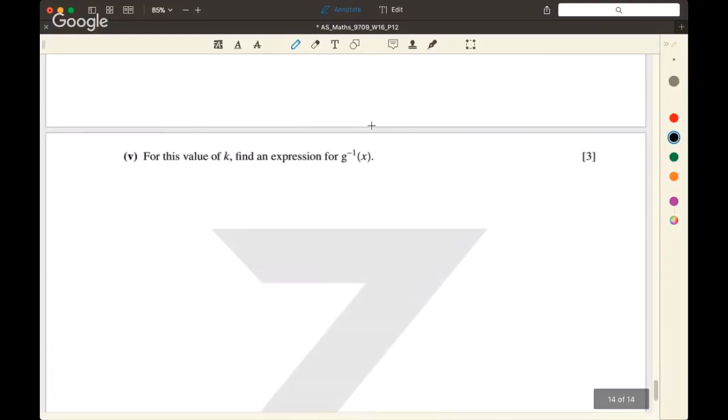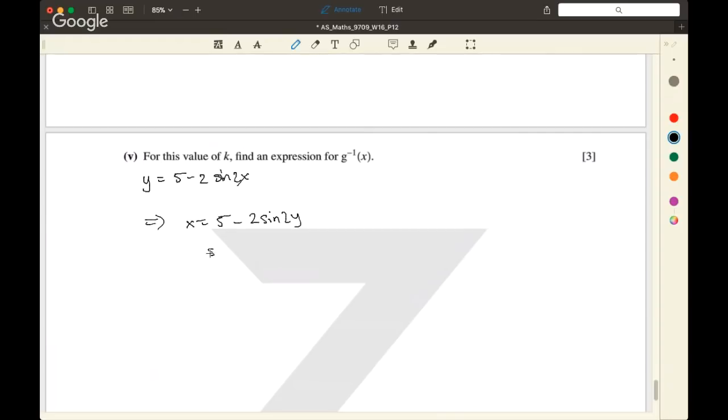Well, this is just the technique that you do where you write down the thing with y is equal to, and then you switch the x's and y's. So we have y is equal to 5 minus 2 sine of 2x. And this becomes x is equal to 5 minus 2 sine of 2y.